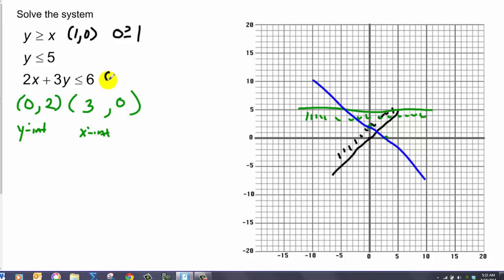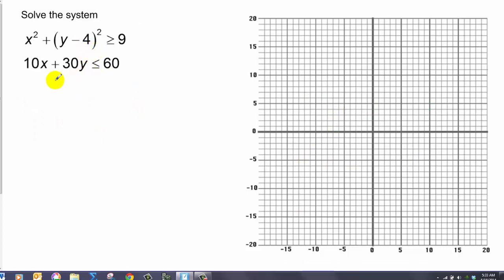So in that case, if I pick 0, 0, I get 0 less than or equal to 6. True. So I shade towards 0, 0, which gives me a triple shaded region in this area here.